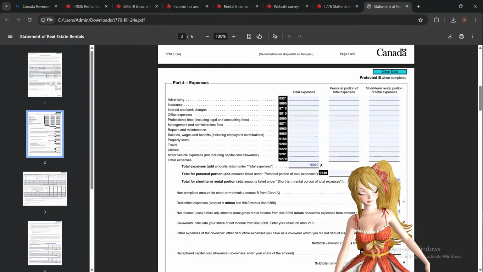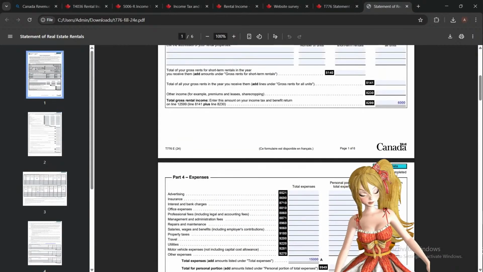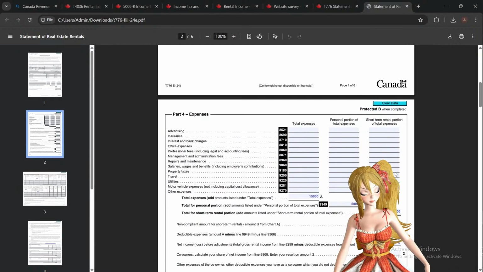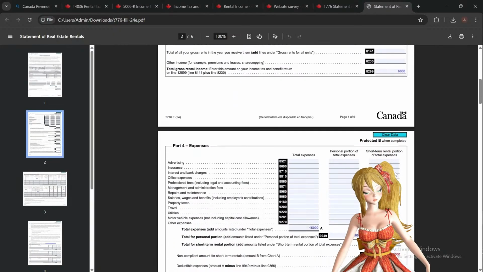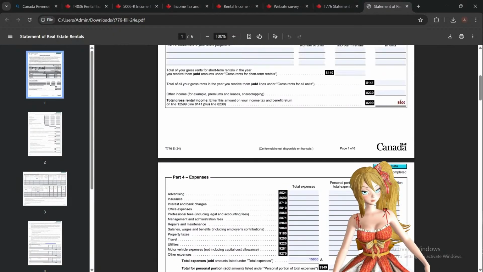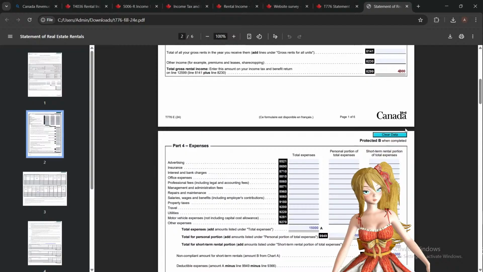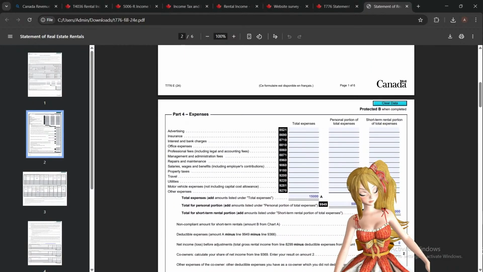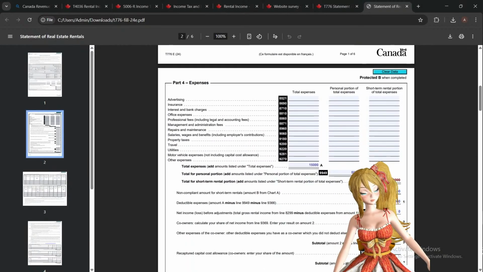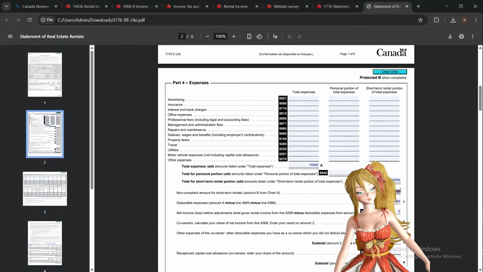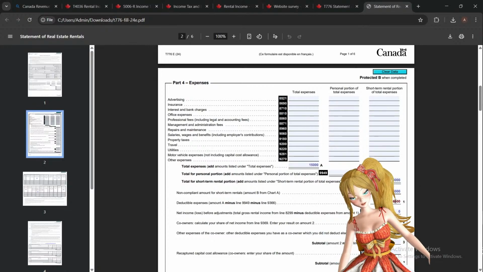Let's say guys, let's say I take a 6,000 loss and I only earn 4,000. So the total rental portion, let's say they skip on the rent.